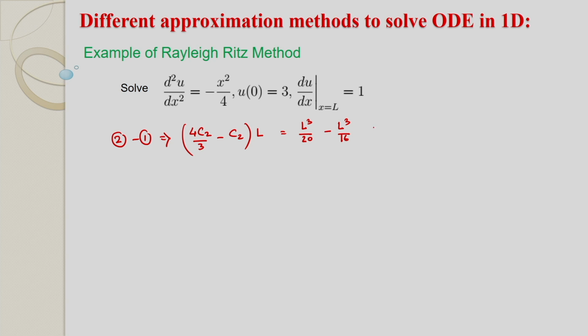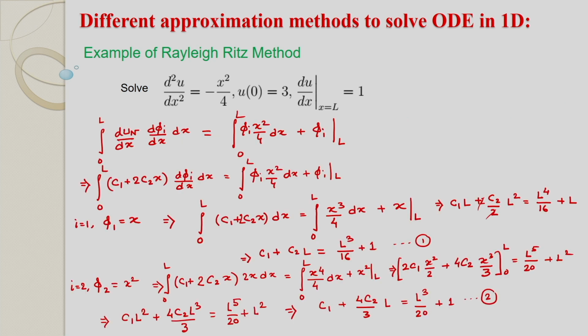So, this will be C2 by 3 L equal to minus L cube by 80. So, C2 is minus 3 L square by 80.